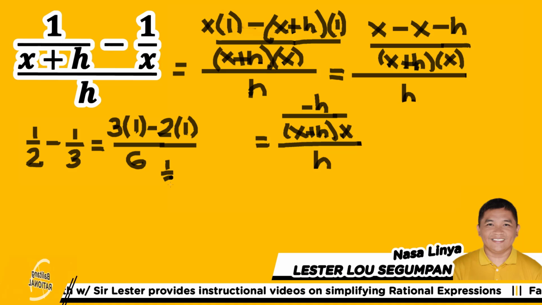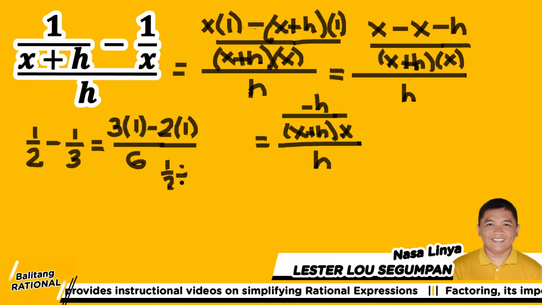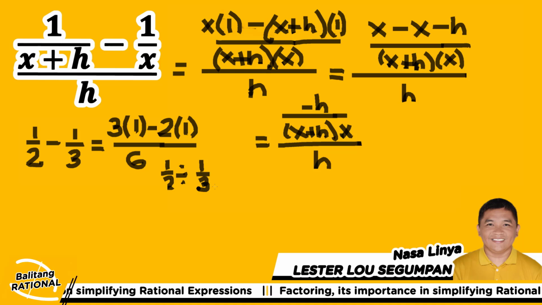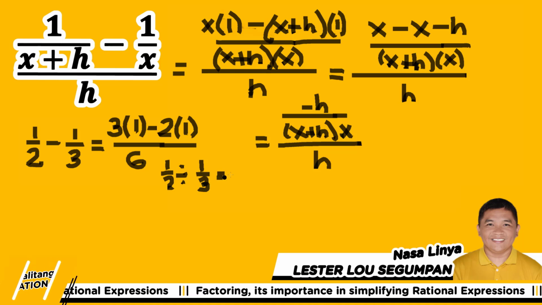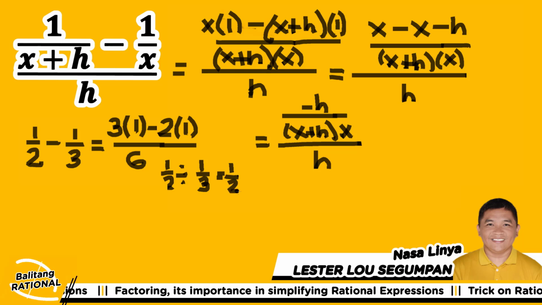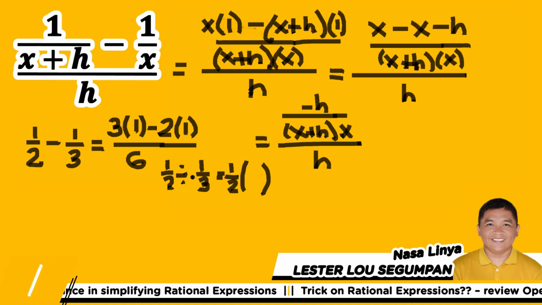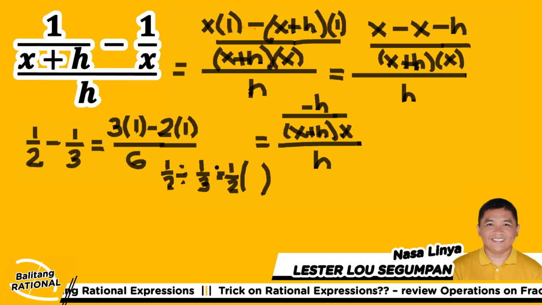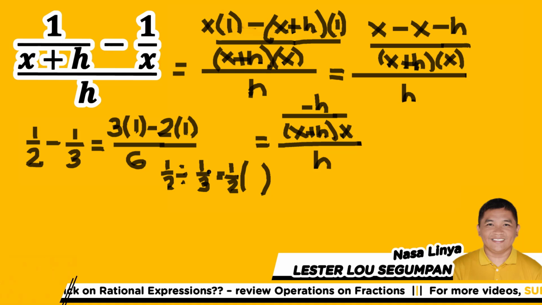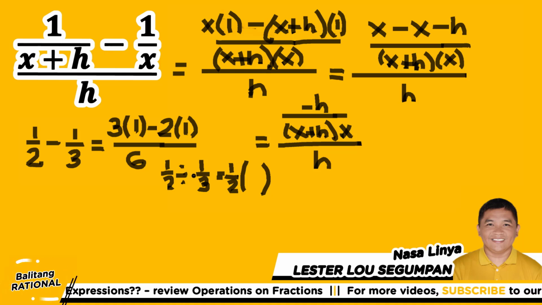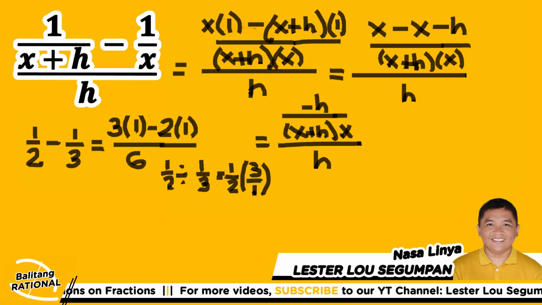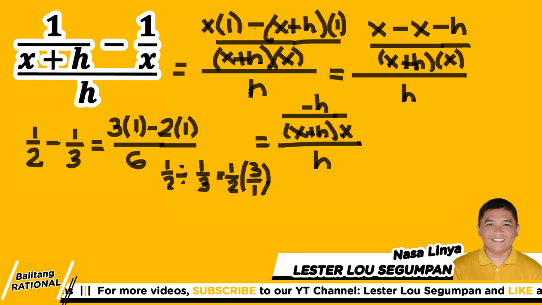Say for example, meron tayong 1/2 to be divided by 1/3. By keep, change, flip method, we're going to keep 1/2. Instead of division po, magiging multiplication siya. And we are going to reciprocate our second rational expression or fraction, it's our divisor. So, reciprocate that 3/1 and proceed with the multiplication instead of the division.